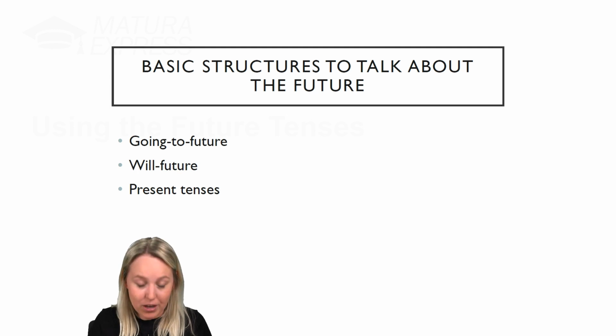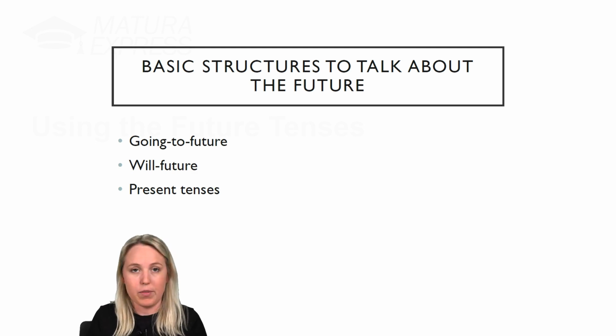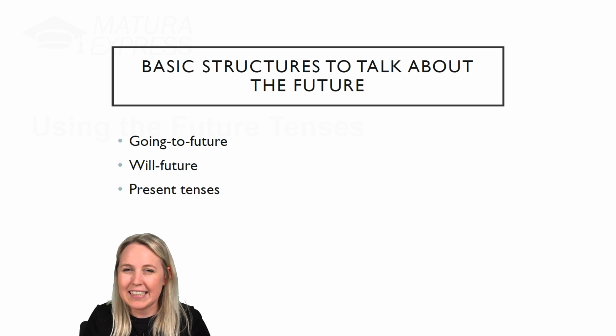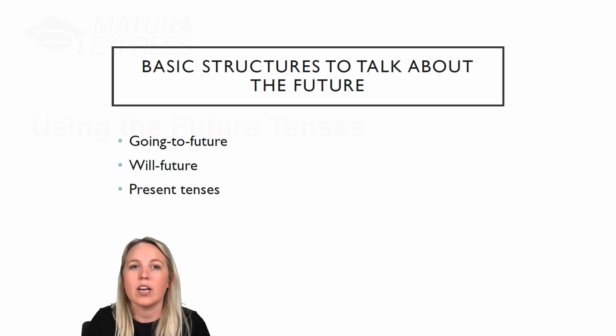Okay, so we have the going to future. I think you've all heard about it, and the will future and the present tenses. Actually in English, in spoken English and in written English, so everyday English, there isn't really a difference.